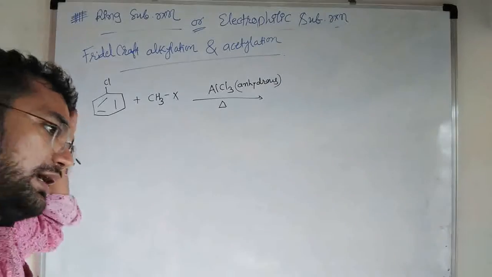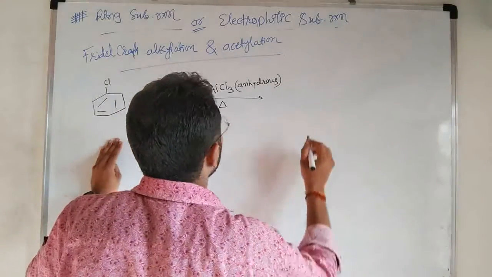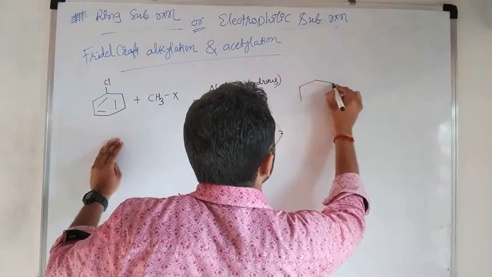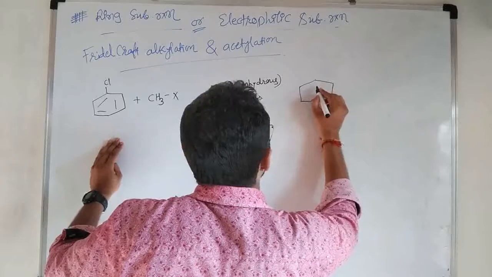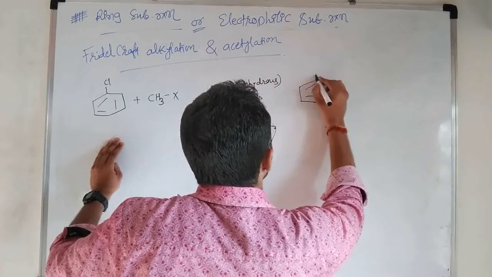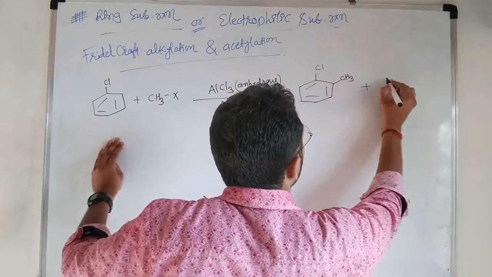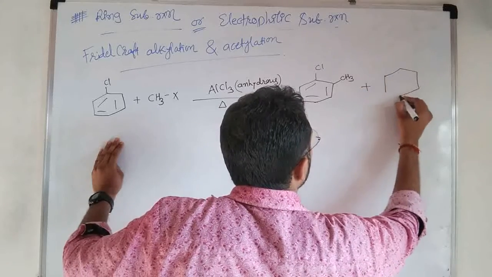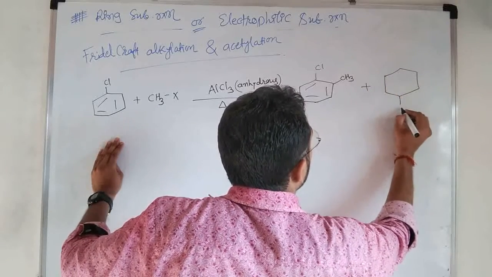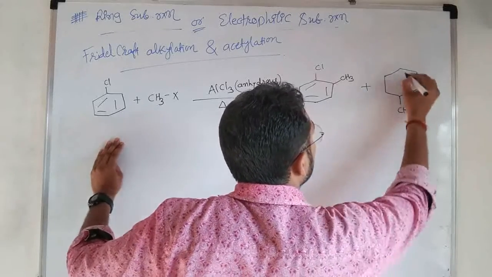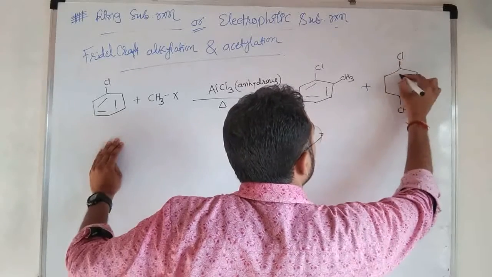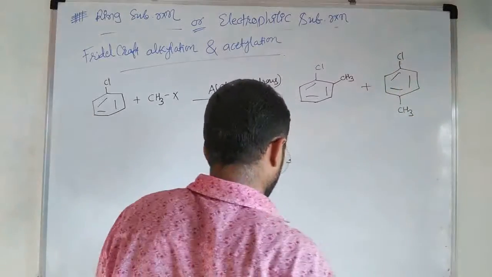So it will finally produce Cl with CH3, plus CH3 with Cl.